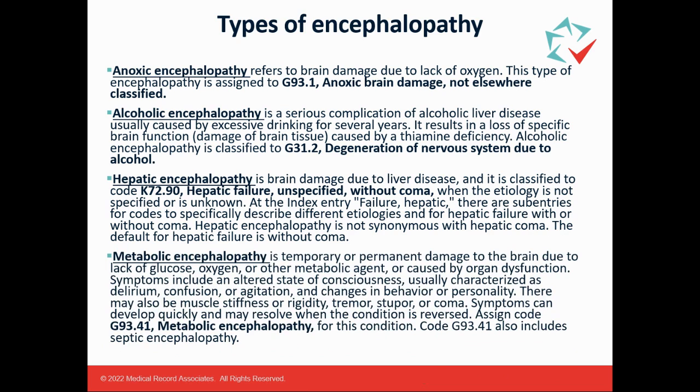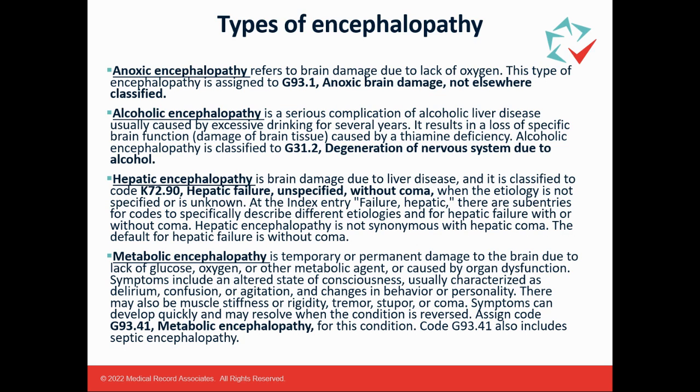We also have metabolic encephalopathy. And this is coded to G93.41. And it is temporary or permanent damage to the brain due to lack of glucose, oxygen, or other metabolic agent, or caused by organ dysfunction. Symptoms include an altered state of consciousness, usually characterized by delirium, confusion or agitation, and changes in behavior or personality.